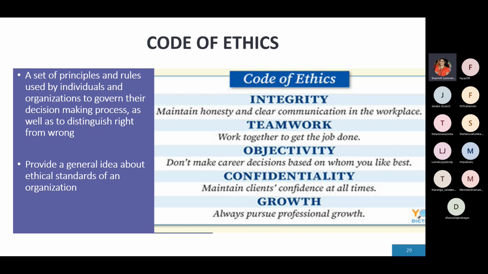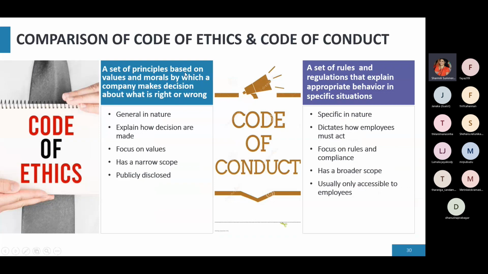Okay, so here you can have a clear understanding by comparing the code of ethics and the code of conduct. As I already told you, a code of ethics is a set of moral principles and values undertaken by an individual or institutions when they make decisions, and at the same time when they distinguish between right and wrong.